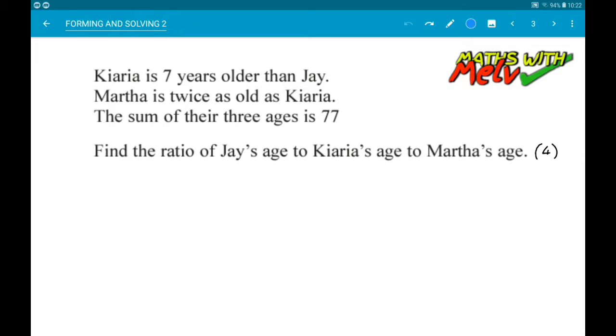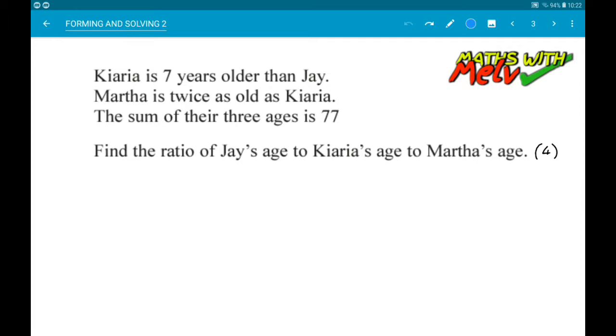Okay, so very similar to last time. First of all, we need to work out what to call each of their ages. So Kira is 7 years older than Jay.